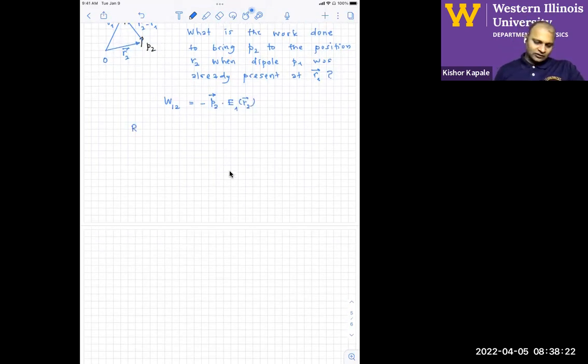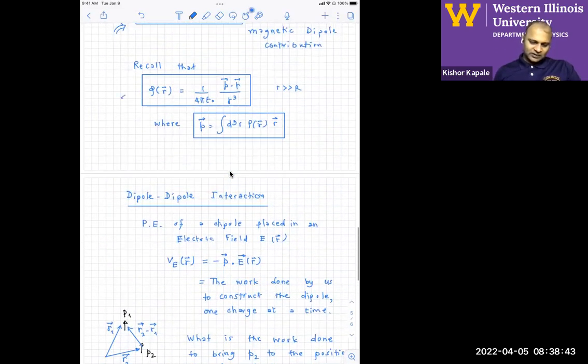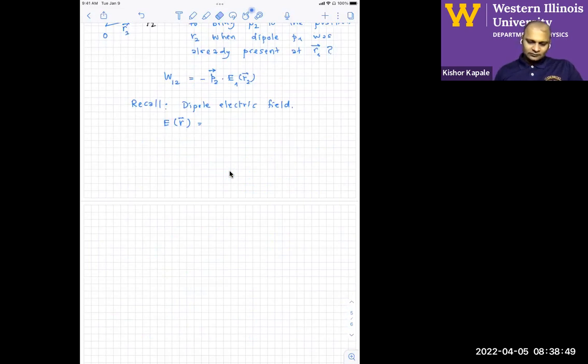And we already know how to calculate the electric field due to a dipole at position R. This is the dipole electric field, which we did get by looking at the expression that we had earlier, and taking its gradient, and you do 1/4πε0.